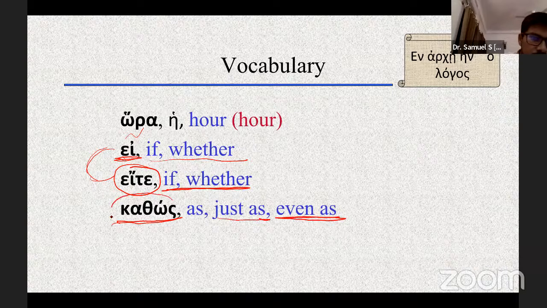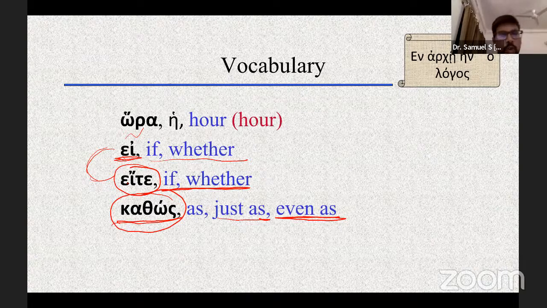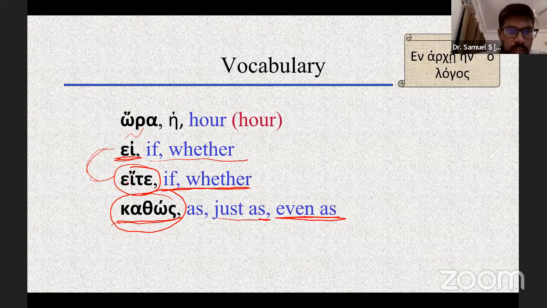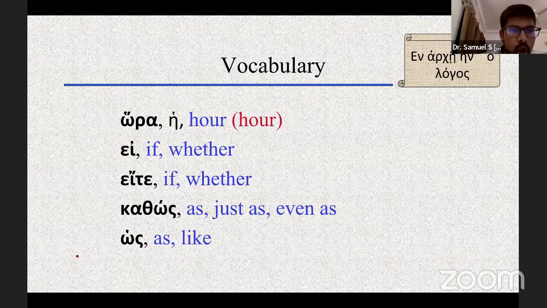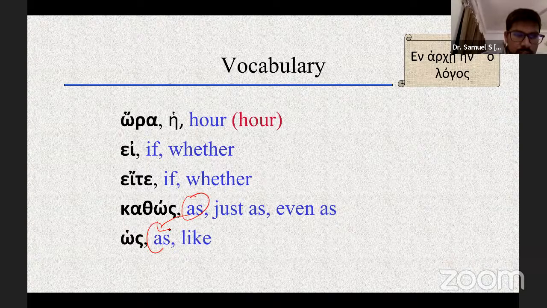So we see this in Ephesians 1. God has chosen you before the foundation of the world, just as. It comes many verses later. Kathos, just as. In the same way. Hos, again, similar, as, like.